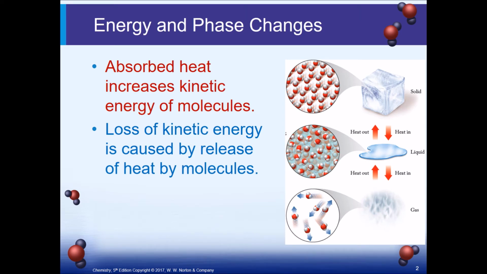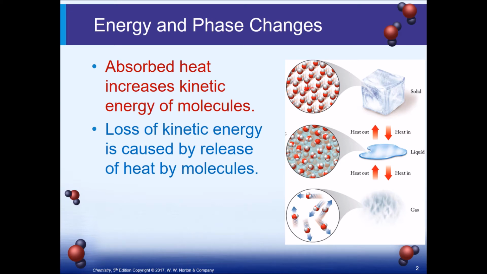Let's now take a look at what's happening on a molecular level as we're adding heat or taking heat away from a material. So in solid ice, the water molecules will orient themselves in order to achieve a low energy state by orienting the hydrogen atoms so that they're in close proximity to the neighboring oxygen atoms in other molecules, and the oxygen atoms so that they're in close proximity to neighboring hydrogen atoms in other molecules.